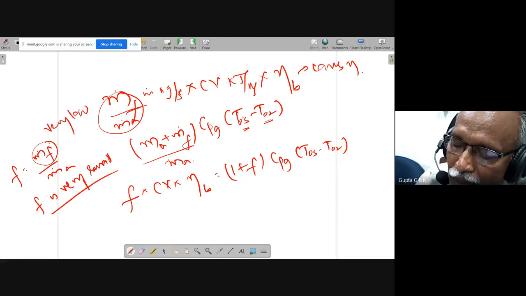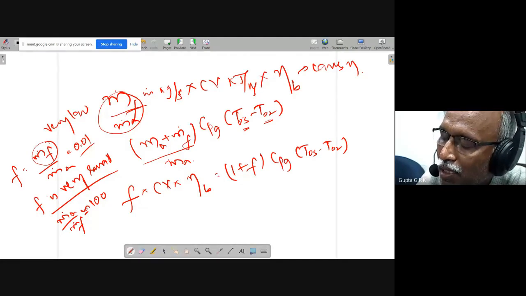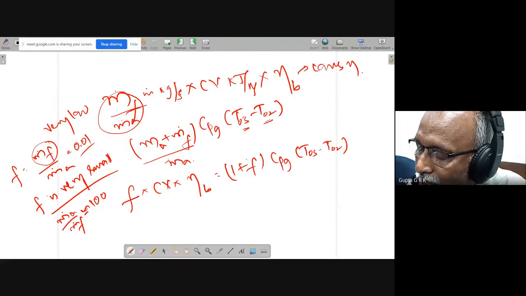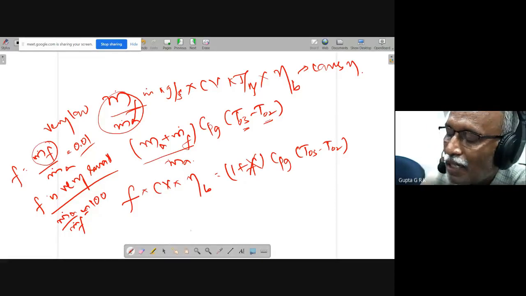If I write air fuel ratio, it is almost 100 approximately, means small f is 1 by 100, which is 0.01. So adding 0.01 to 1 will not change much. So I can neglect this compared to 1. In this way, I can simplify this.